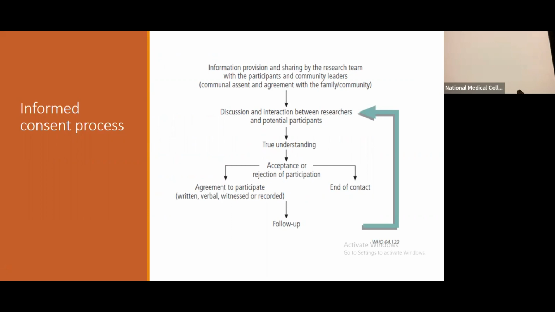Patient may accept or reject. If patient accepts, you take a written consent, preferably. You can sometimes take a verbal consent, and we will talk of audio-visual consent also. In certain situations, you have to take audio-visual consent and record it and store it. And then you follow up. If patient rejects, doesn't want to participate, this process ends there itself.